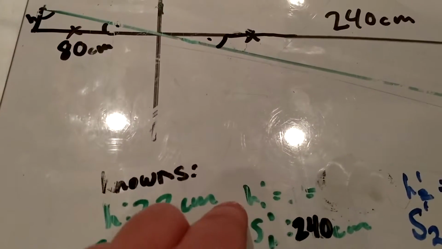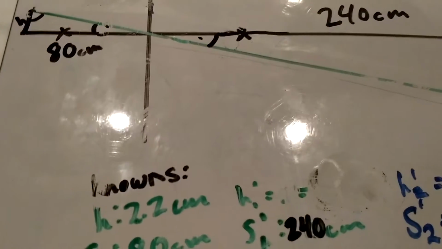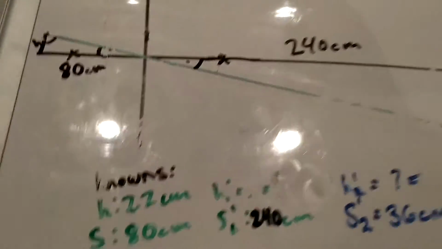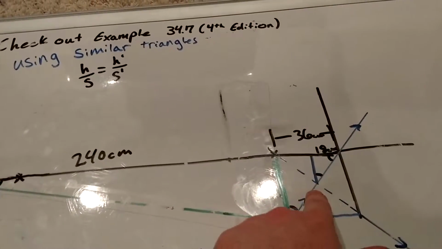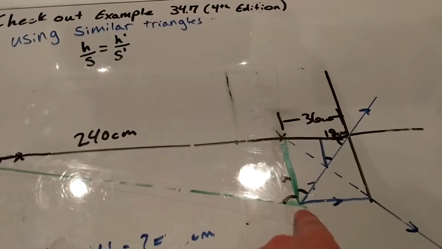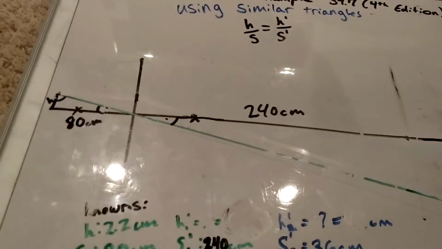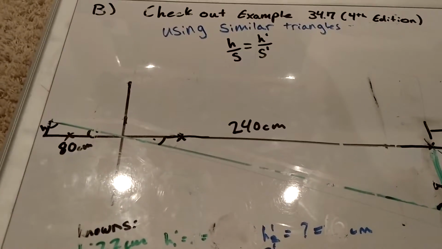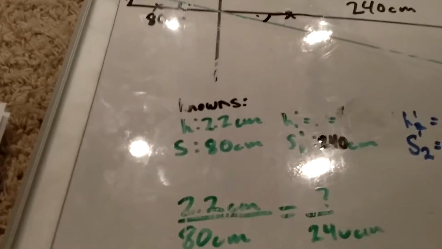Our image's height is unknown, that's what we're looking for, and our image's distance is 240 centimeters. Because, of course, if we're going to calculate this height, we're going to need to know this image's height. And to get this image's height, we need to know this object's height. So it's back to square one. But this will be quick, I promise.